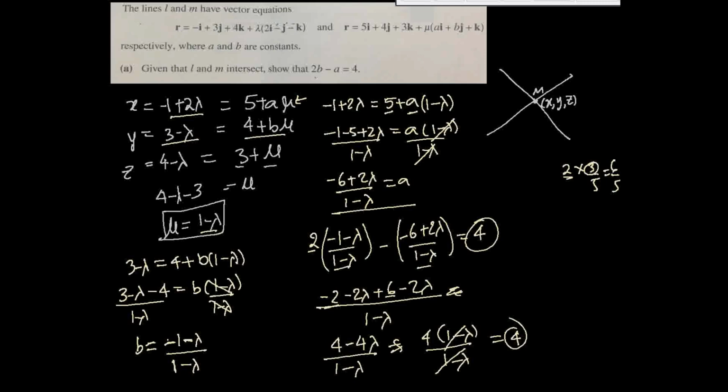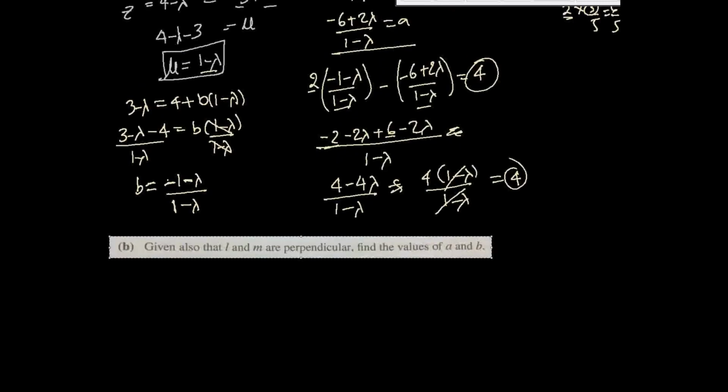Let's see what the B part is. And here is the B part. Given also that L and M are perpendicular, so they not only are intersecting, they are 90 degrees to each other. This is the new thing, and we just assume that this was X, Y, and Z. So find the values of a and b.